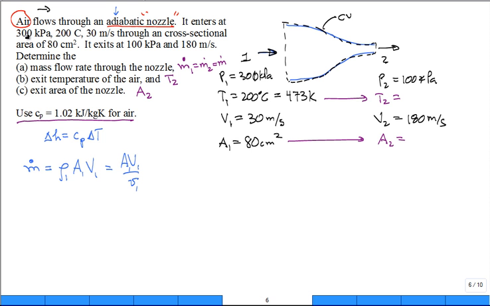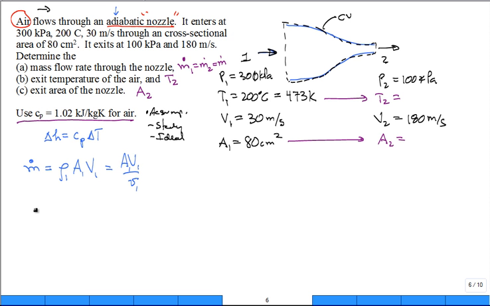Or you solve these problems so often you know, hey, it's steady state. All right? But you could make a little list over here. Assumptions: steady state, ideal gas. It never said that air could be treated as an ideal gas. You can confirm it or you can just assume it. Either way is going to work.